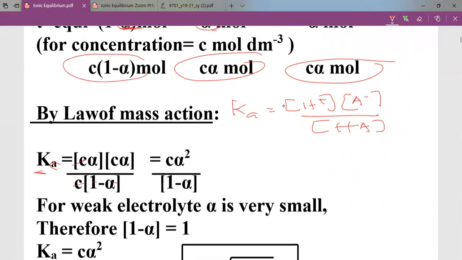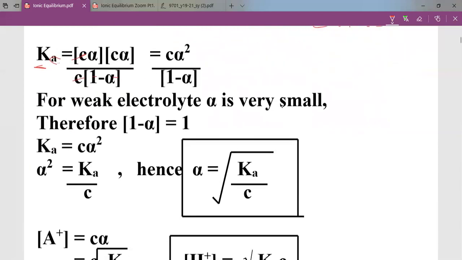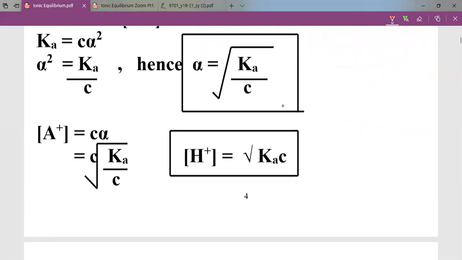The C can cancel, so C alpha squared over (1 minus alpha). For a weak electrolyte, alpha is very small, so you can say Ka equals C alpha squared. Or you can say the concentration of H plus here.